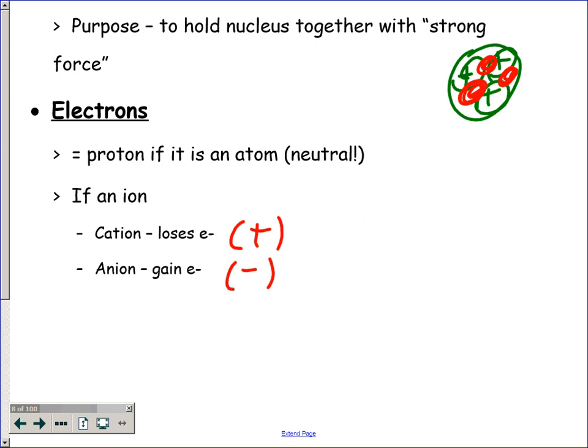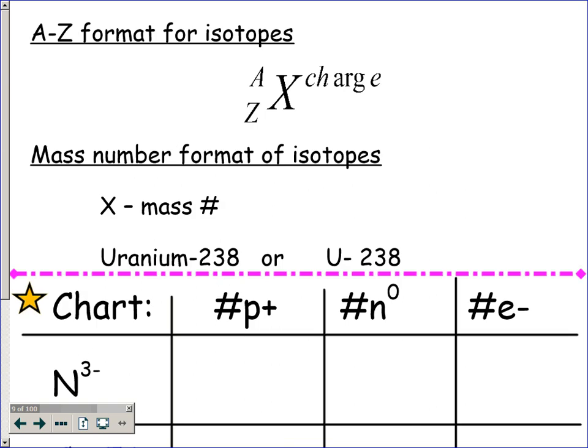Cats are positive. Okay. Because we identify isotopes in two different ways, I just want to make sure you're comfortable with both. This is the A to Z notation. This is the mass notation. So write the A to Z notation for copper 63 with a 2+ charge. Copper 63 with a 2+ charge.